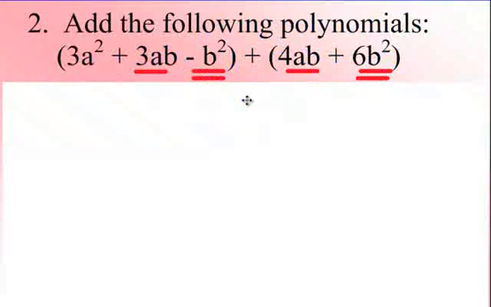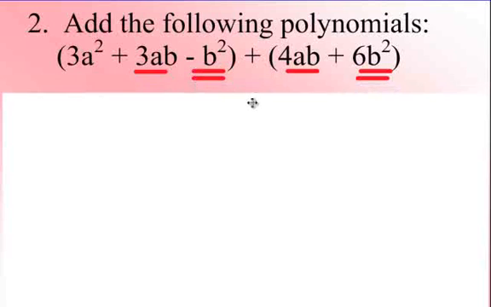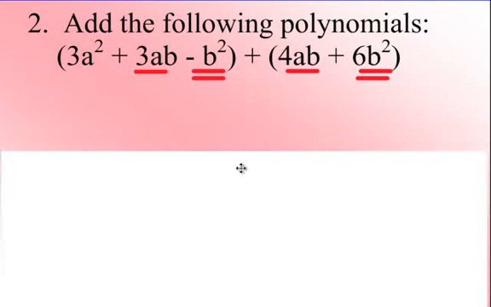Another method that I've seen very successful for some people in between, they don't want to draw boxes and stuff, sometimes they feel embarrassed with that, is I'll start to underline the like terms. So my ab and ab, they both have a single dash under them because they are similar, and b squared and b squared have 2 because they are similar. So again, the same thing, I just want to clump them together.